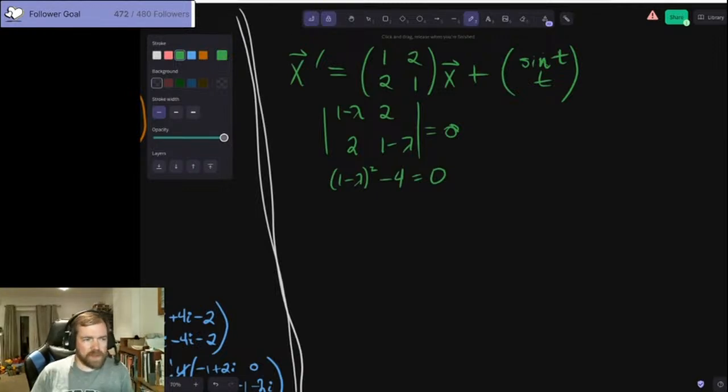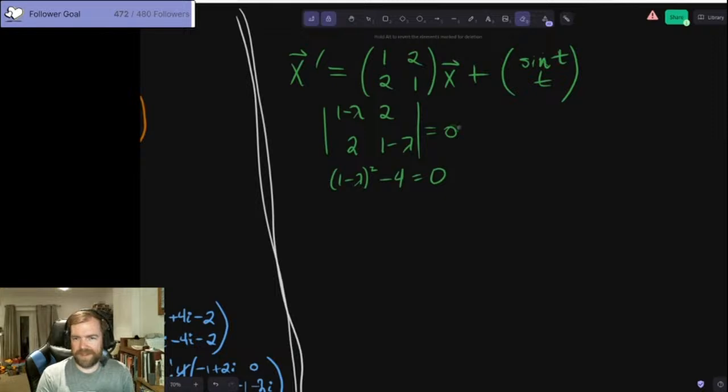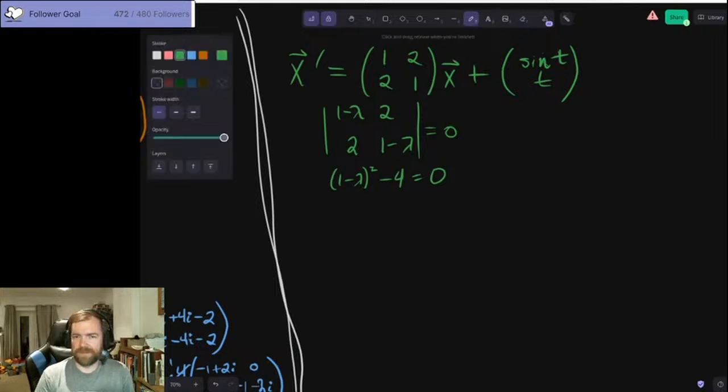Alright, how'd you like to solve the characteristic? I'm doing it in my head. That might be my famous last words. But you're going to have 1 plus or minus 2. So 3 and negative 1 are your eigenvalues?